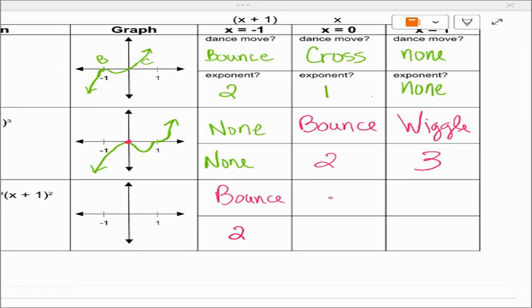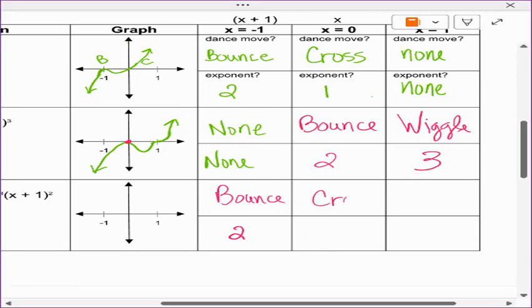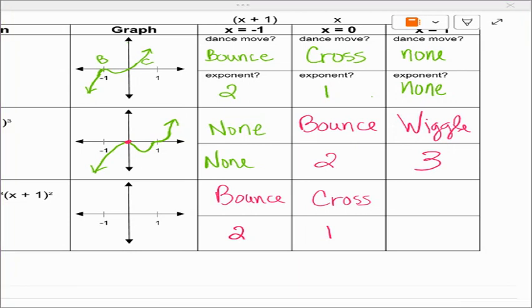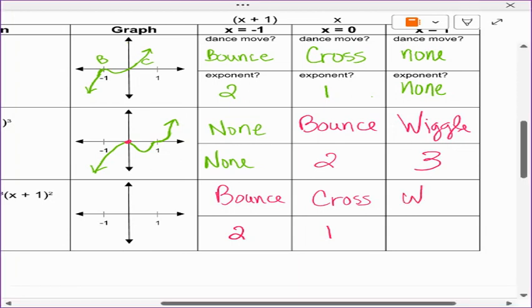Well, when x is 0, we have a cross. Why? It's degree 1. What about when x is +1? That's the x minus 1 factor right here. It has a wiggle. Degree 3. So I'm going to try and sketch this.